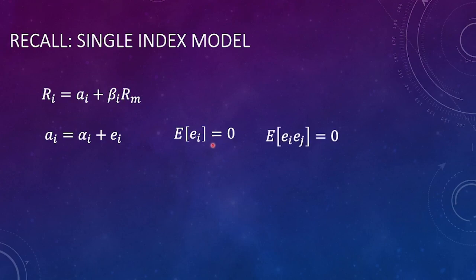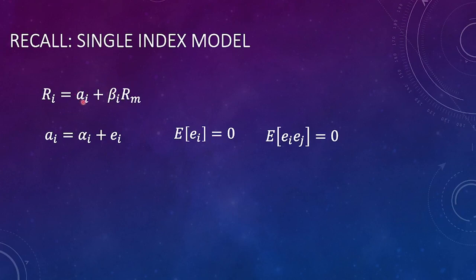We also had this assumption that for any two securities, the covariance between the e_i and e_j parts of the two securities is actually going to be zero. In other words, if there are two securities, they only move together through the market, and anything correlated in that pair of securities is explained by this market movement and nothing else, right?